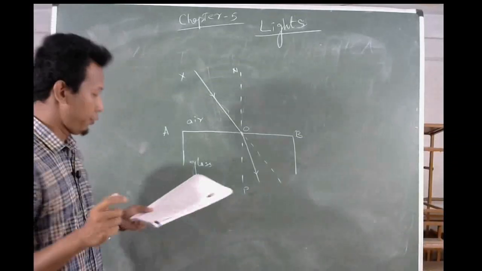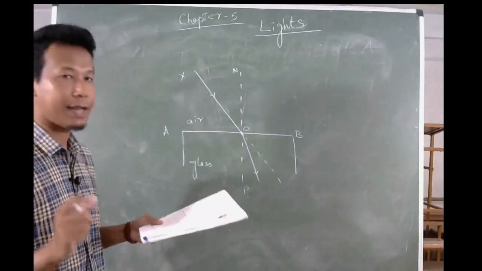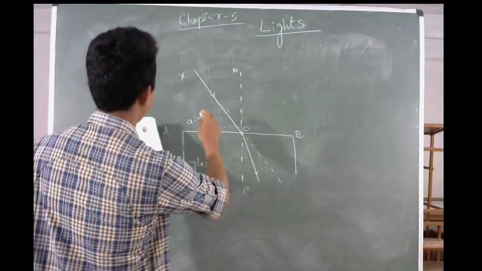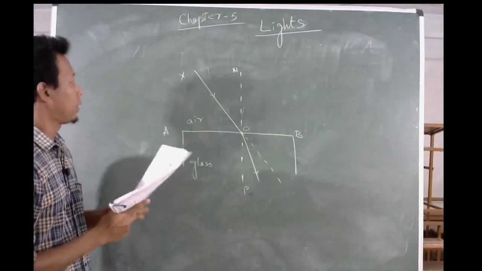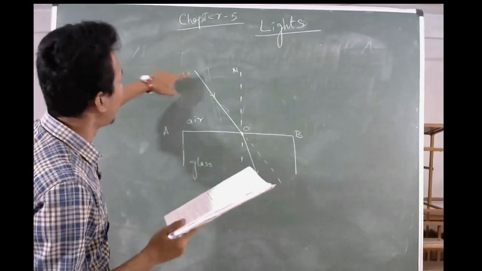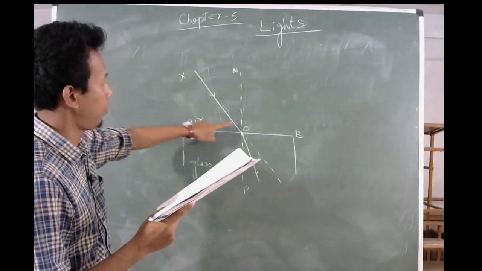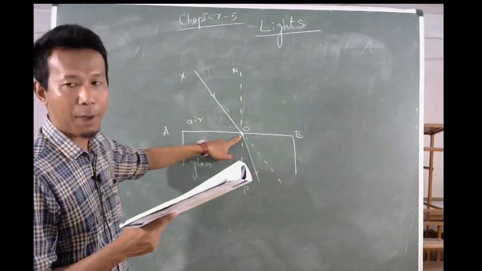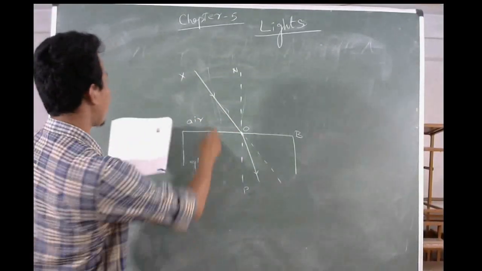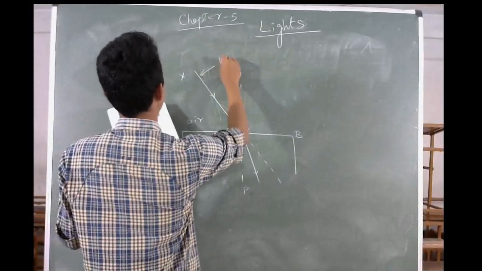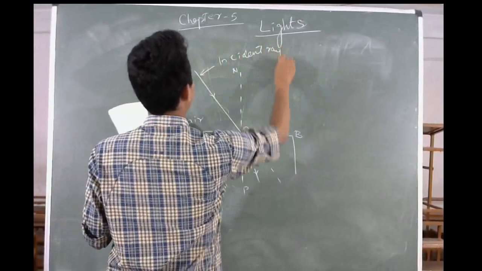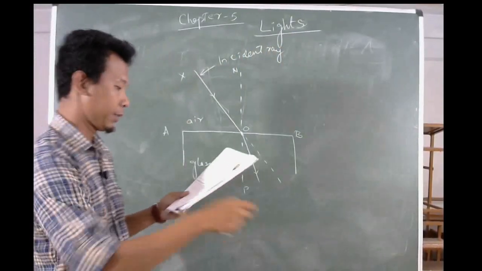First, you can see in your book, the incident ray. So what is the incident ray? We have taken two media, air and glass. When the light is traveling and falls on the boundary between the air and the glass, this particular ray is known as the incident ray.